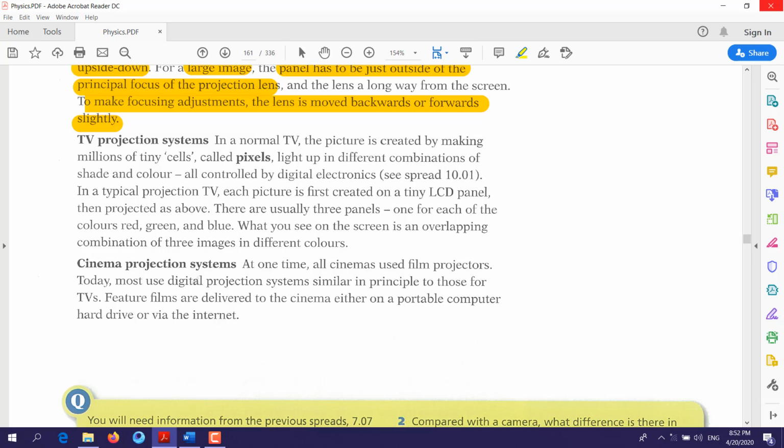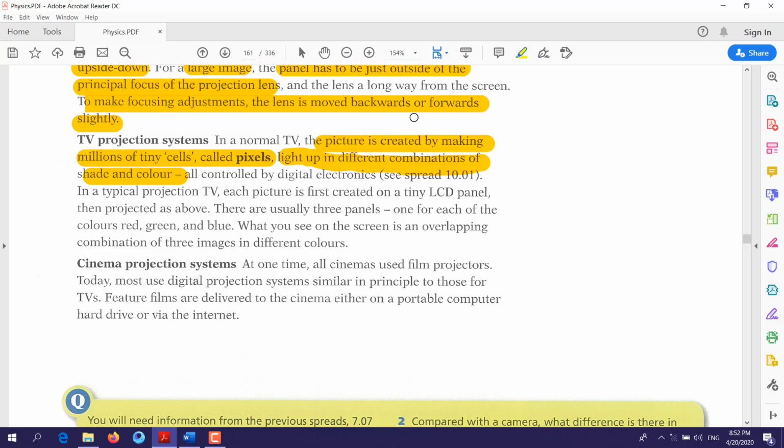In a TV projection system, the picture is created by making millions of tiny cells called pixels light up in different combinations of shade and color. What does that mean? When you turn on the TV, the electrical charge makes the pixels light up.